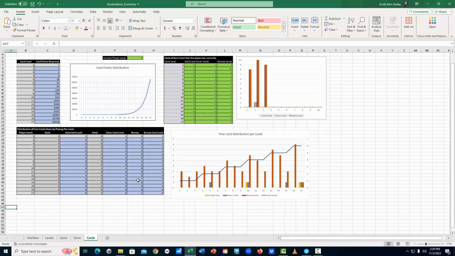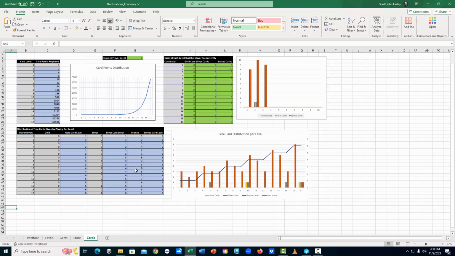At the 10th level and 17th level, we are giving one free gold card of particular levels according to where the player is. Silver cards are given more frequently than gold cards, but still not as frequently as bronze cards. Bronze cards are given like 3, 2, then 3 again, and the level increases and then it decreases.